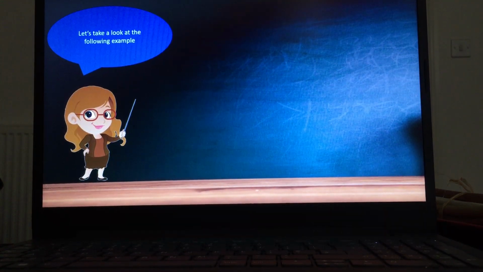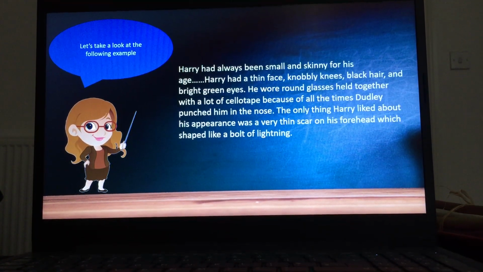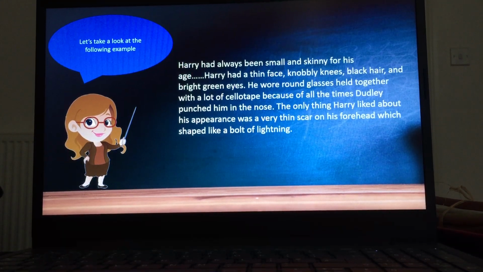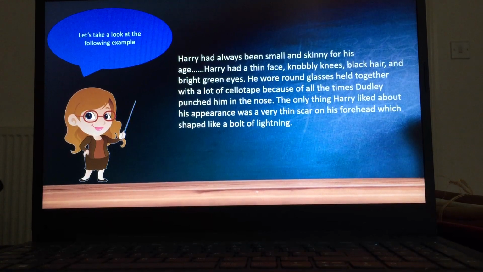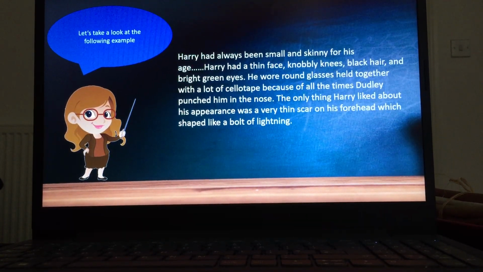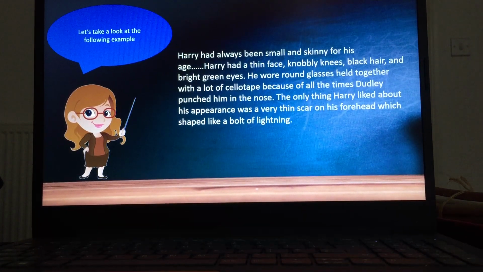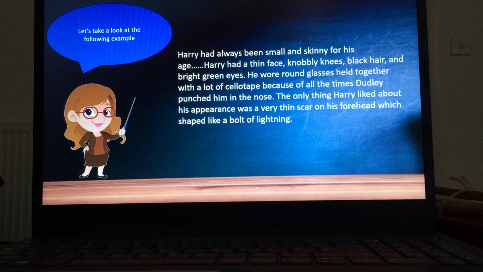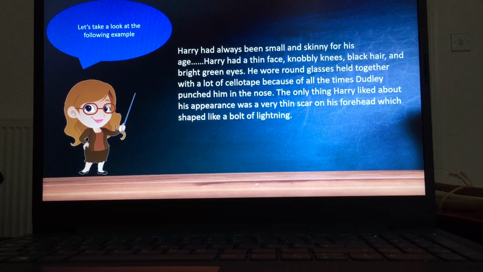Let's take a look at the following example from a very famous novel. Harry had always been small and skinny for his age. Harry had a thin face, knobbly knees, black hair and bright green eyes. He wore round glasses held together with a lot of sellotape because of all the times Dudley punched him in the nose.